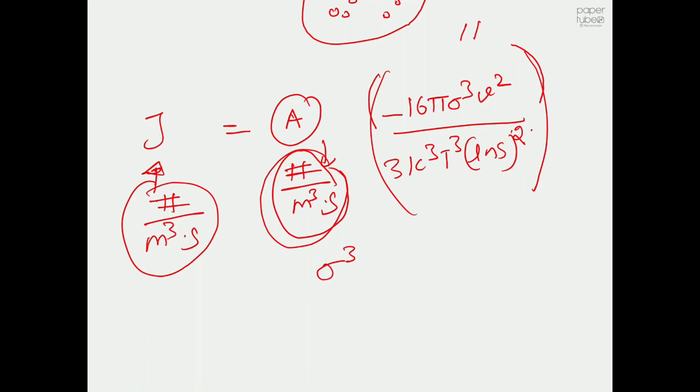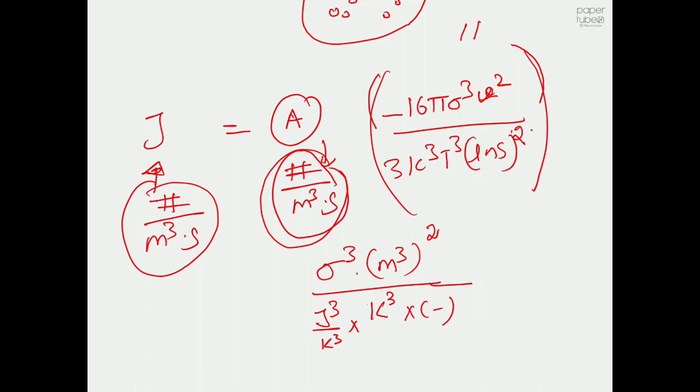Sigma cube, and the molecular volume we express in meter cube, raised to the power of 2, divided by the Boltzmann constant, expressed in joules per Kelvin, so joules cube divided by Kelvin cube, multiplied by temperature expressed in Kelvin, so Kelvin cube. S has no dimension, so just a hyphen. So Kelvin cube gets cancelled, and you will end up with sigma cube meter 6 divided by joules cube.